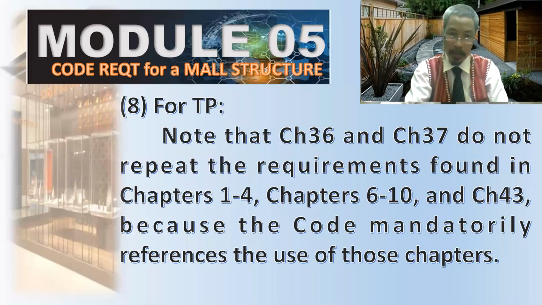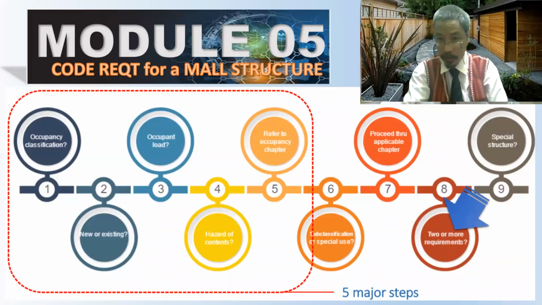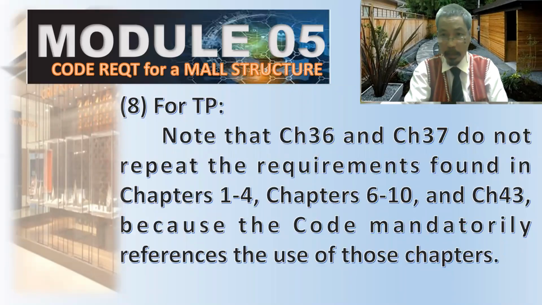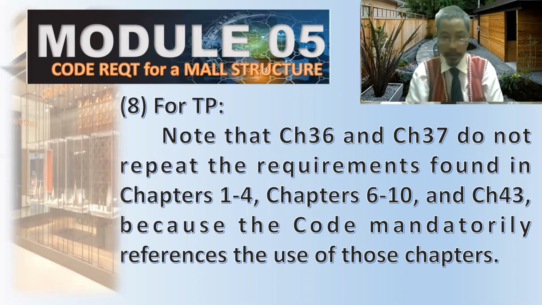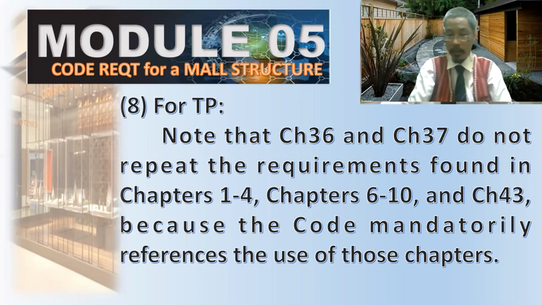And chapter 8, find out if there are several requirements that are different from one another. For example, let us compare the precedence. Which one would be more important? Note that chapter 36 and chapter 37 do not repeat the requirements found in chapters 1 to 4, chapters 6 to 10, and chapter 43.